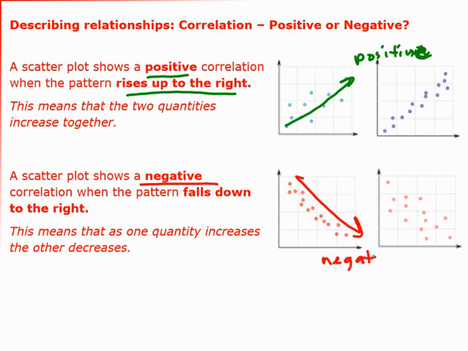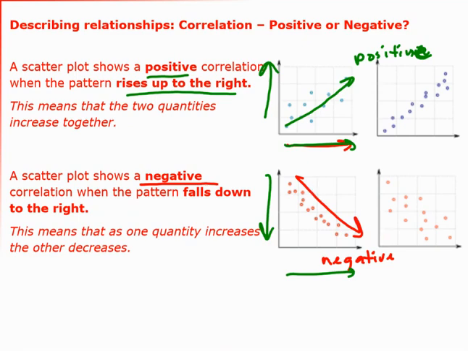Now, negative doesn't mean bad. Negative just means, in terms of looking at the line, both of these are rising, right? These are rising and this is rising. Okay, in this case, this is rising, but this is falling.